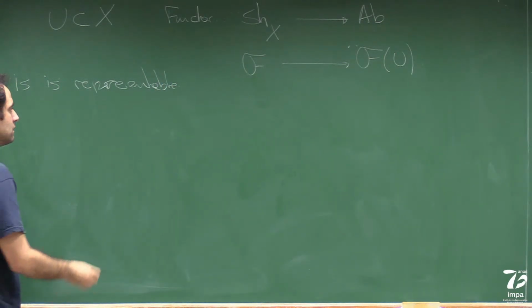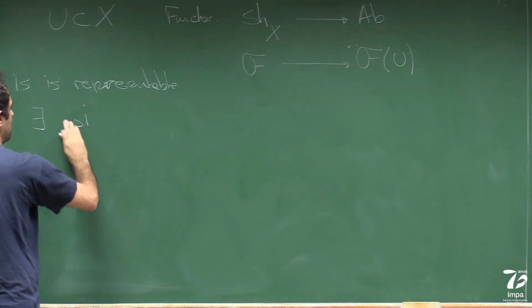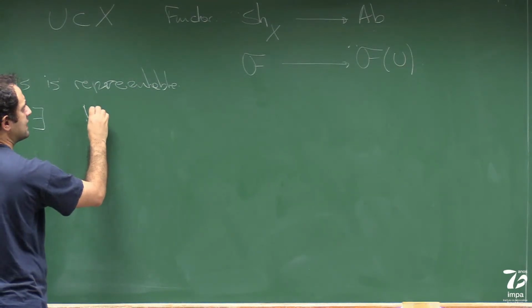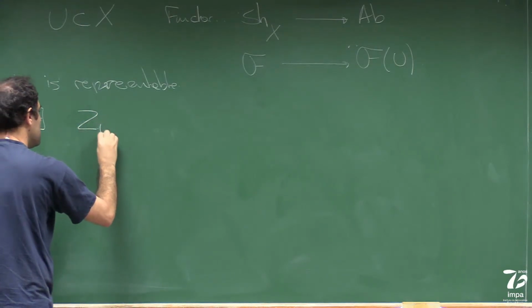Namely, there exists a sheaf. Let me put a name to that sheaf. I'm going to call it Z_U.